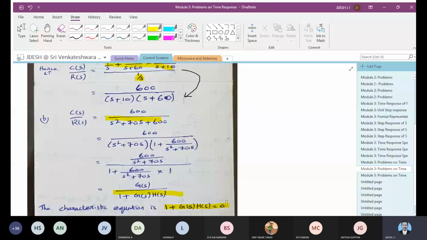And then we'll be putting G of s there, H of s is 1, plus 600 divided by s square plus 70s is equal to 0. And from that characteristic equation, you need to find out the requirements asked by the question. So you complete it till here.